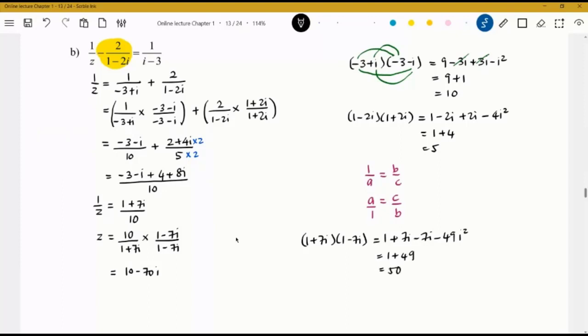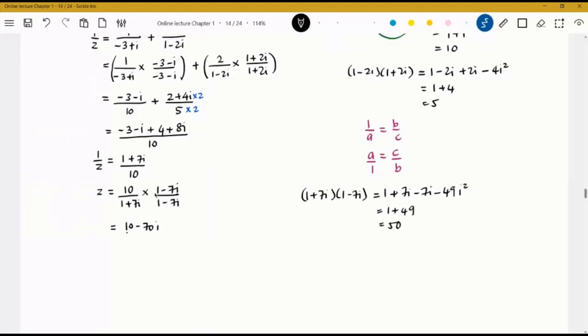So your denominator is 50. So we have to make your final answer in the form A plus BI. So you have to split it. It will be 1 over 5 minus 7 over 5 I. Okay. So we will simplify into the simplest form until we get like this. So this is your final answer.